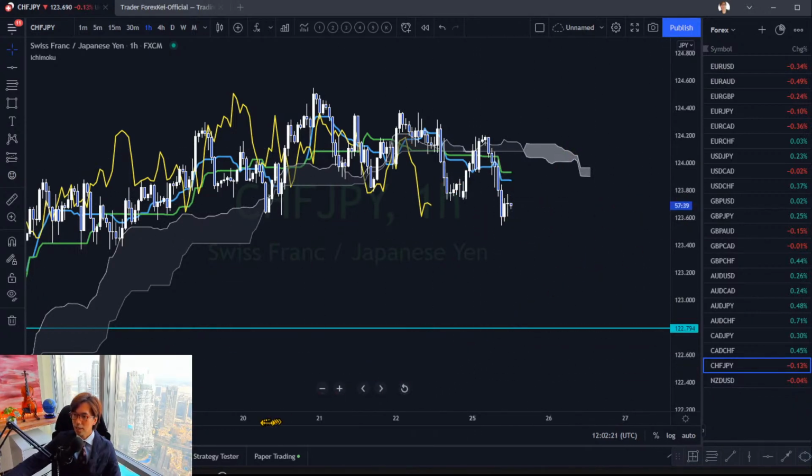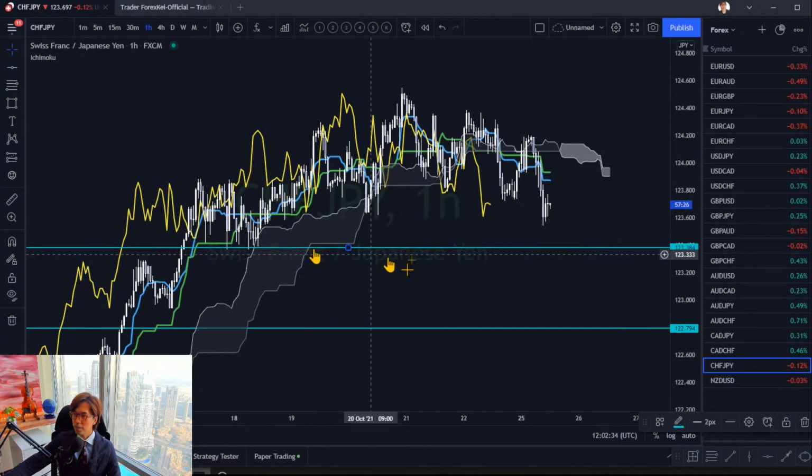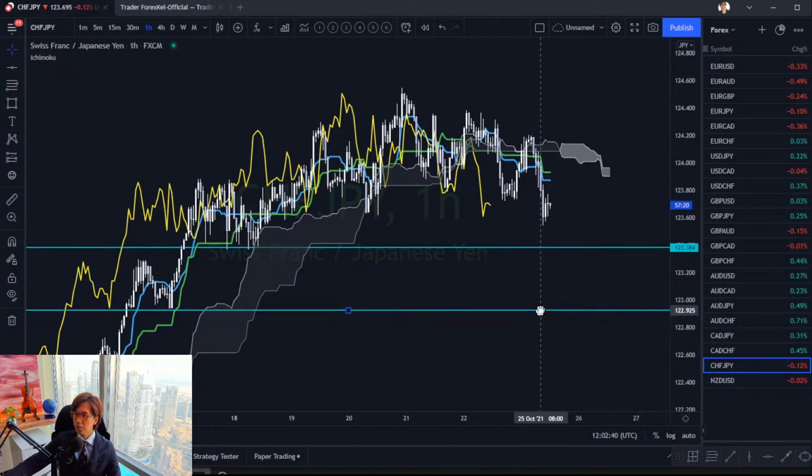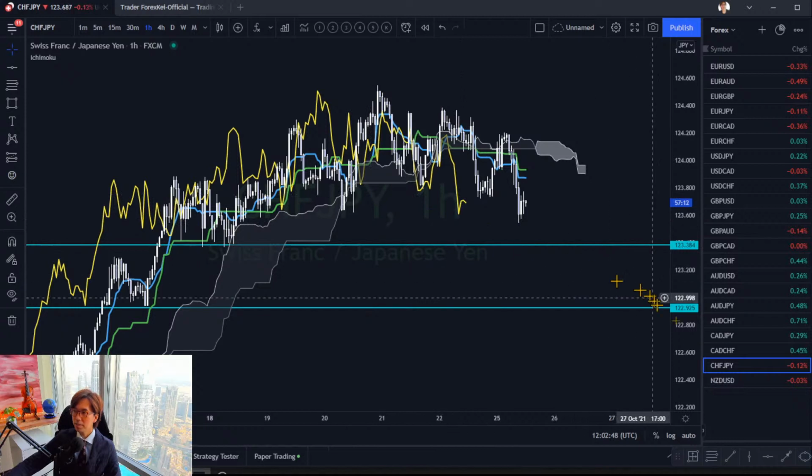So I would wait for the breakout of at least 123.38. I would wait for the breakout of this level, 123.38, then expect the market to go down to 122.92. But right now, it's been a bit ranging.